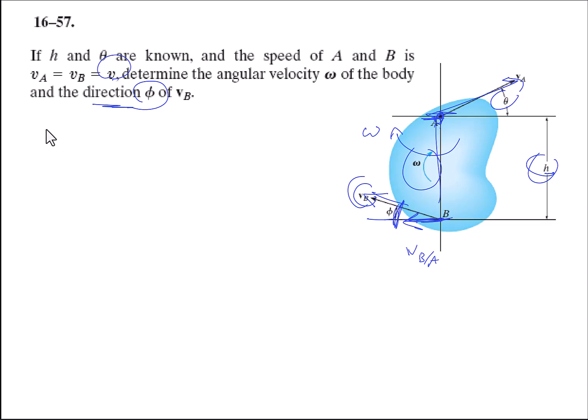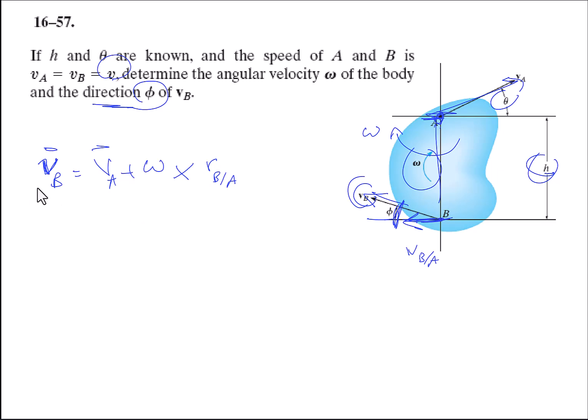And we could write the vector of B as v of B is equal to v of A plus omega times the cross product of the position of B relative to A, and we can substitute these.